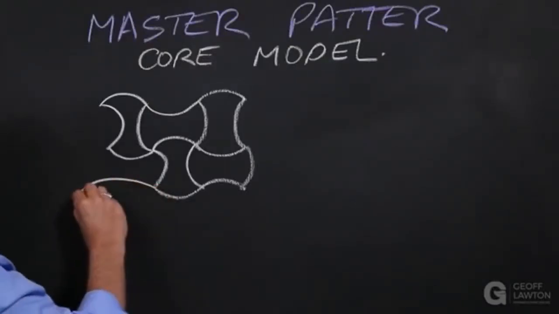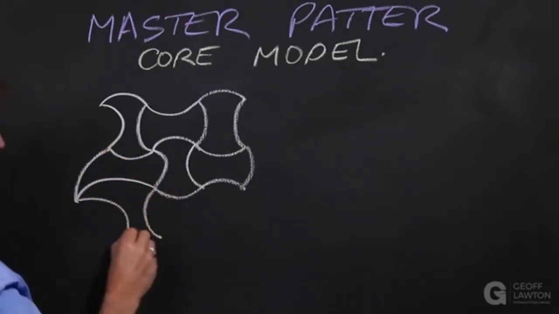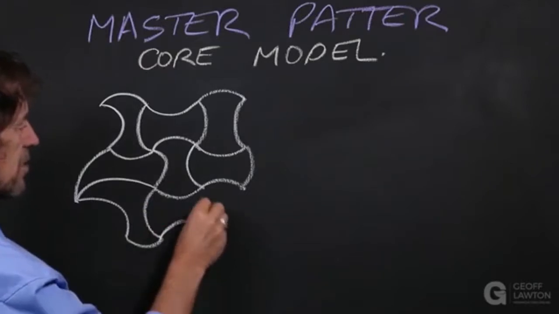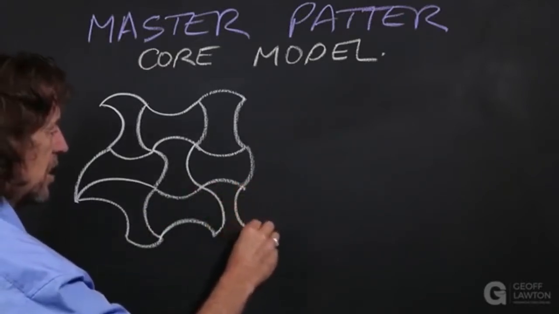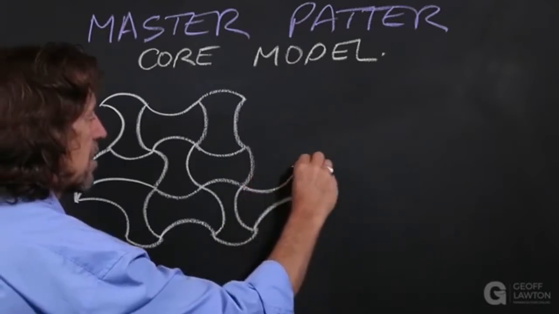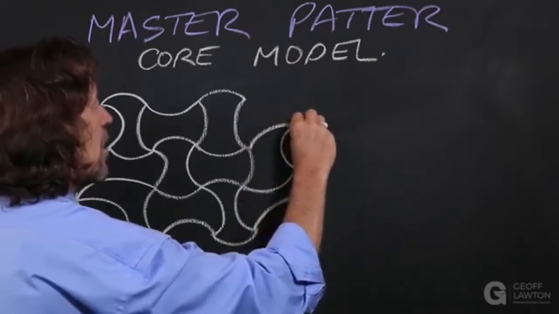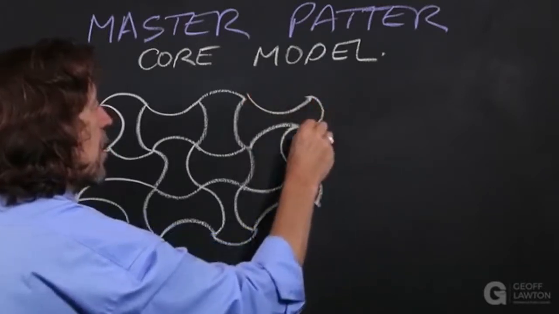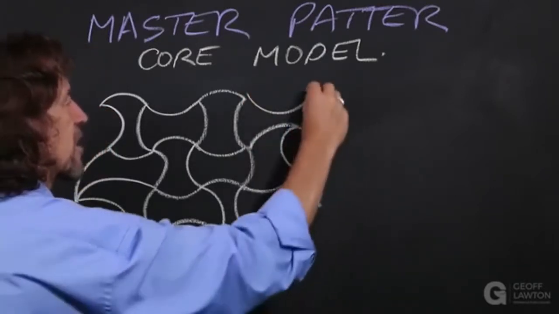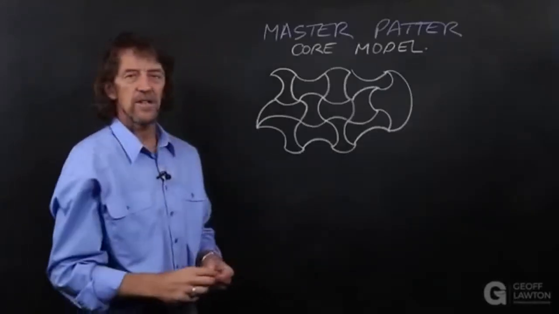But then you can actually be very asymmetrical, and you can change the shape a lot, and stretch your way across the surface.